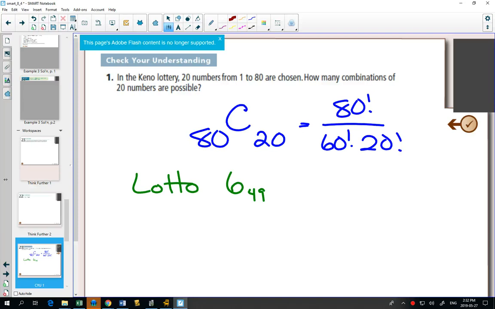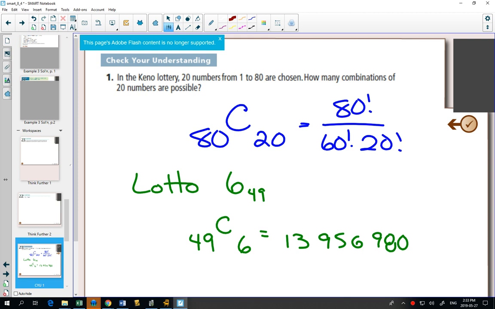Okay? So if you want to know how many combinations are possible with Lotto 649, there's 49 numbers. You need to choose 6. So if you do that on your calculator, see how close I have to having this number memorized. I think I'm going to be off by something. But how close am I?